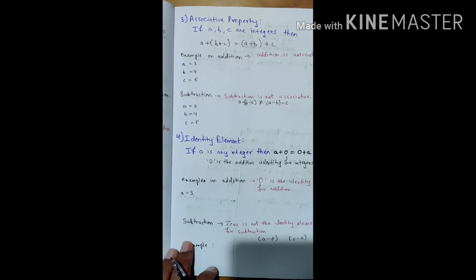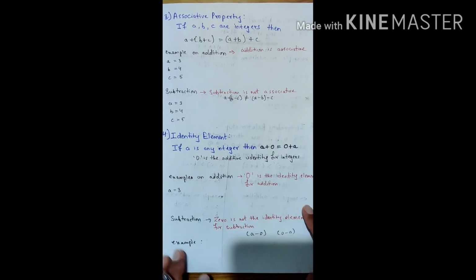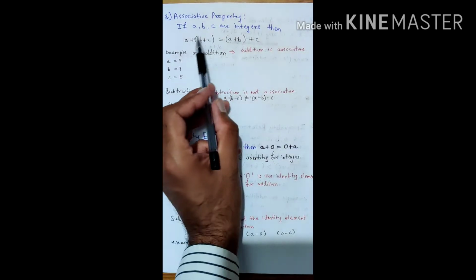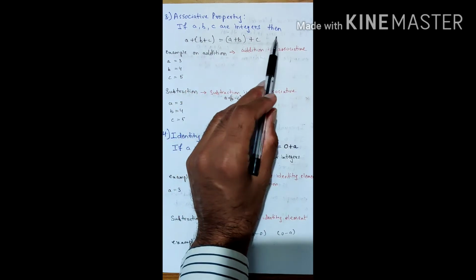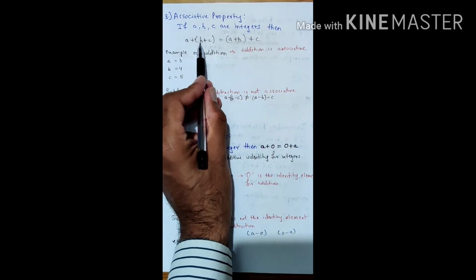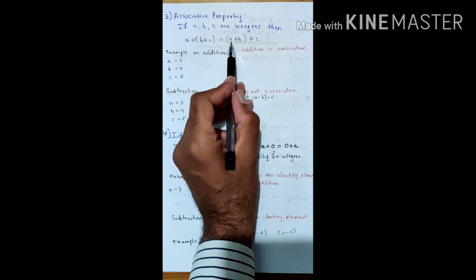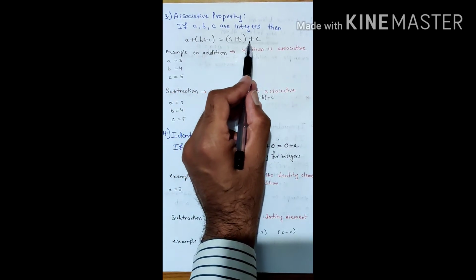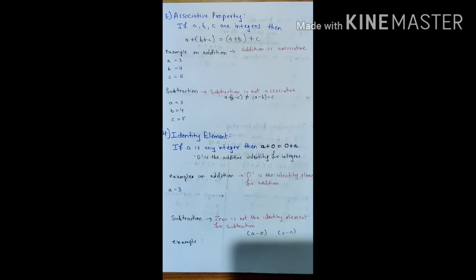Coming on to your third property, that is associative property. In associative property, if a, b and c are integers, then this condition applies, that is a plus in bracket b plus c is equal to, again in bracket, a plus b, plus c. Now let us see an example in addition first.